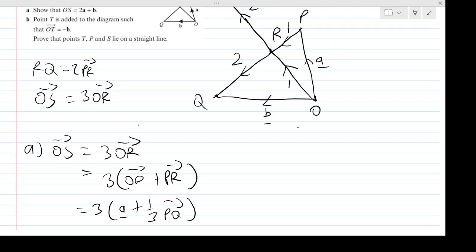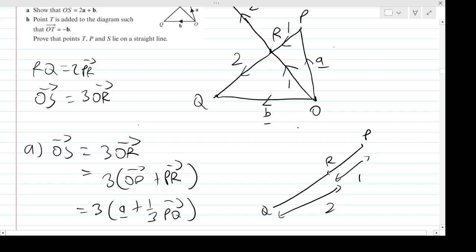That's utilising the fact that P, R, and Q, if I draw that line out, are all on the same straight line, and in particular PR is one part and RQ is 2 parts. Overall it's 3 parts on P to Q, which means PR is a multiple of PQ, and it's a third because of the way they told us to split the ratio.